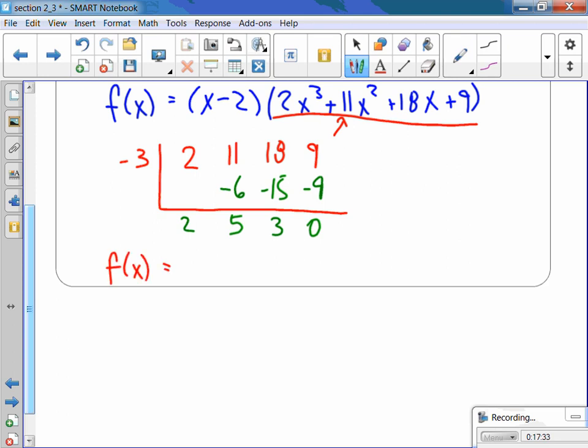And now this, we already know that we just divided by the x plus 3, and it gave us a quotient here of 2x squared plus 5x plus 3.